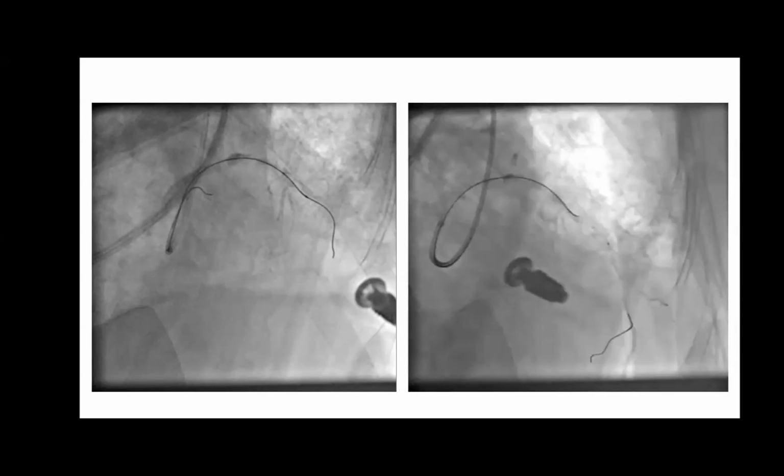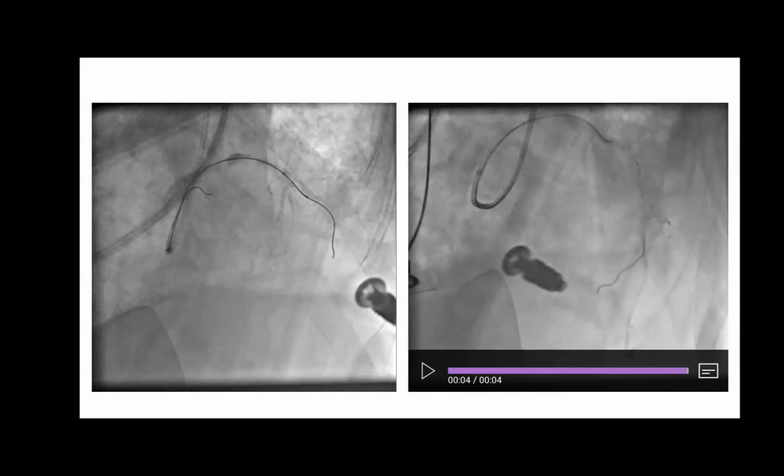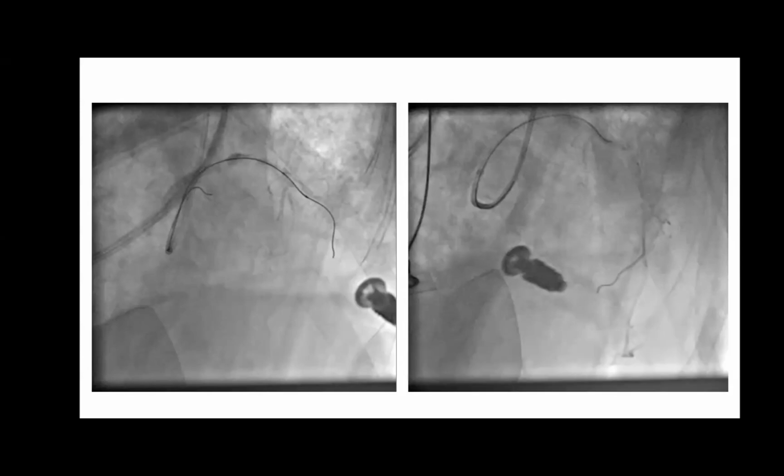Just a moment, let me interrupt you here, because I think it's important that the technique you were trying to do with the Miracle was just to try to puncture back into the true lumen from the false lumen. Have you tried, I'm sure you did, another wire, just to find the true lumen right from the beginning?